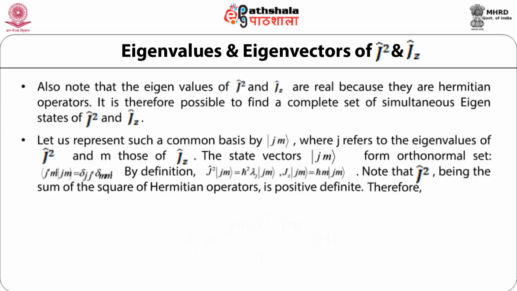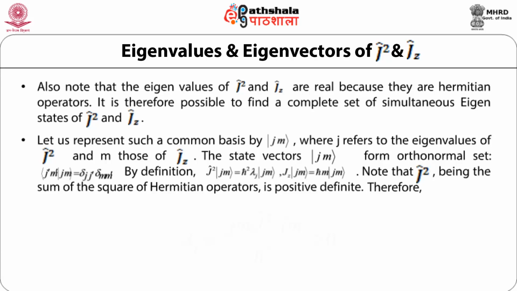Thus, by definition, one can write operator J squared acting on the basis |j m> gives ħ squared times lambda_j times the basis |j m>, where ħ squared times lambda_j are the eigenvalues. Similarly, operator J_z acting on the basis |j m> gives ħ times m times the basis |j m>, where ħ m is the eigenvalue for the operator J_z.